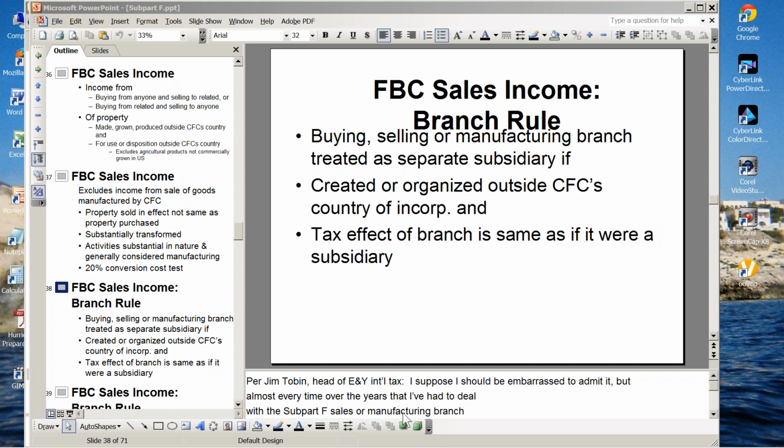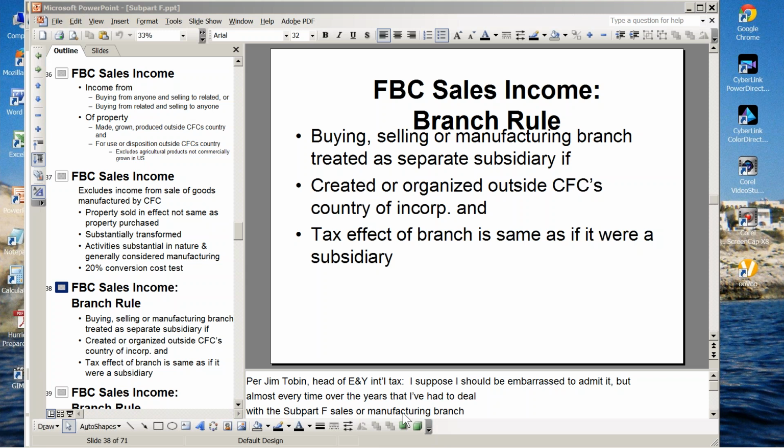So let's go over what this branch rule does. If we have a buying, selling, or manufacturing branch, it's treated as if it were a separate CFC if there are two things in existence. First, it's created or organized outside the branch owner's country of incorporation, and the tax effect in that country of the branch is the same as if it were a subsidiary.